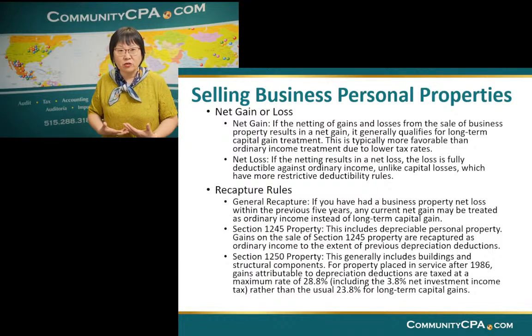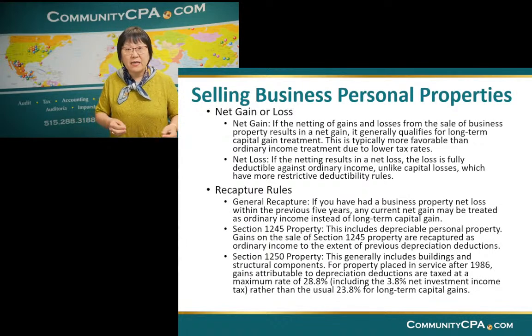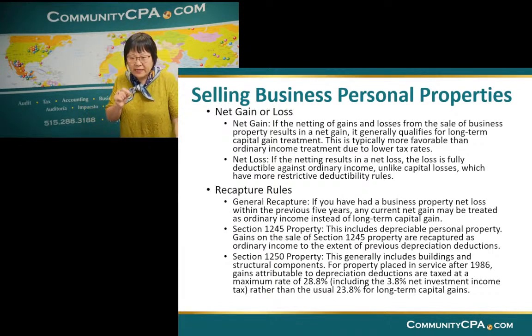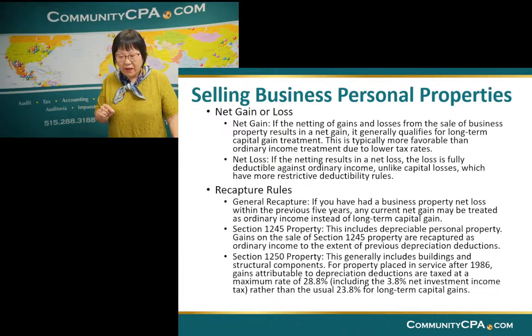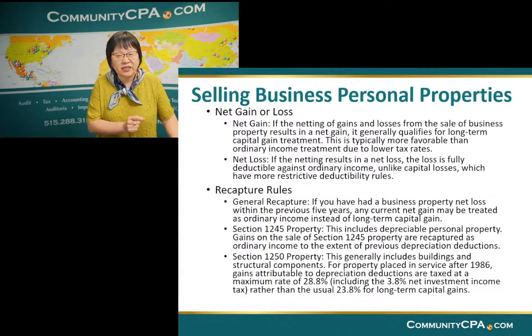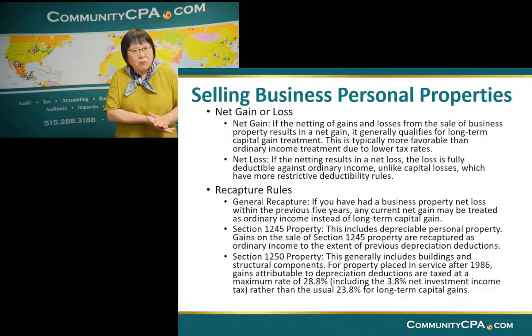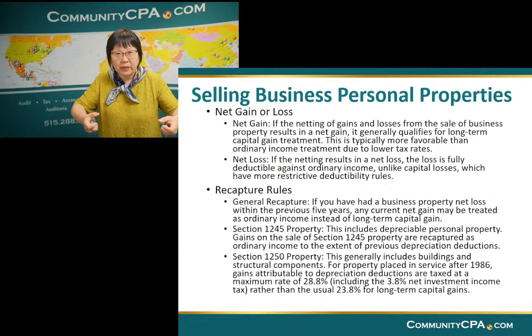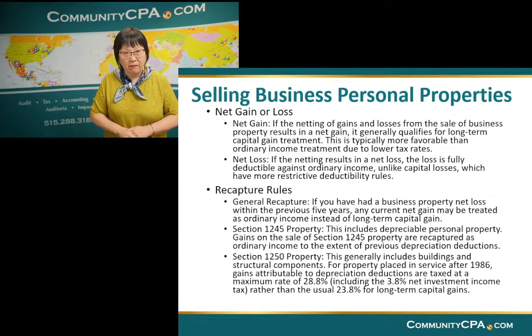Then you have Section 1245 property. These include depreciable personal property. Gain on sales of Section 1245 property is recaptured as ordinary income to the extent of previous depreciation deductions. It won't be more than the depreciation deduction that you have taken in the past, but all of it comes out as ordinary income.